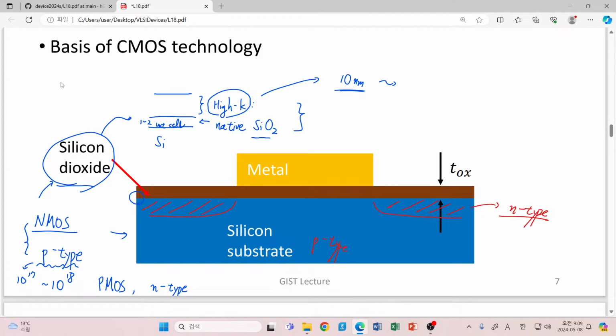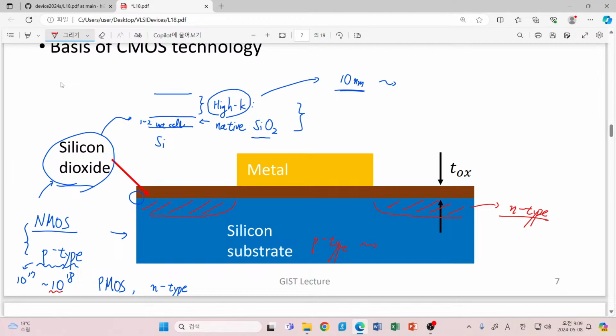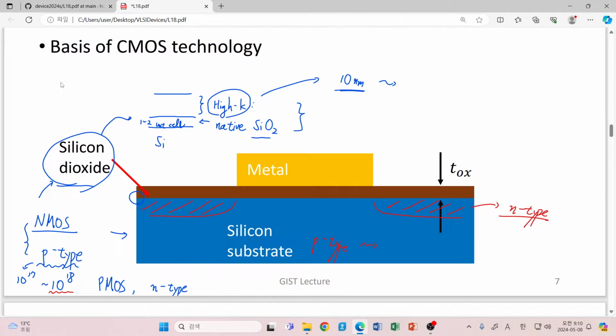The p-type doping is limited to orders of 10 to the 18, and the typical value of this n-type doping is around 10 to the 20.